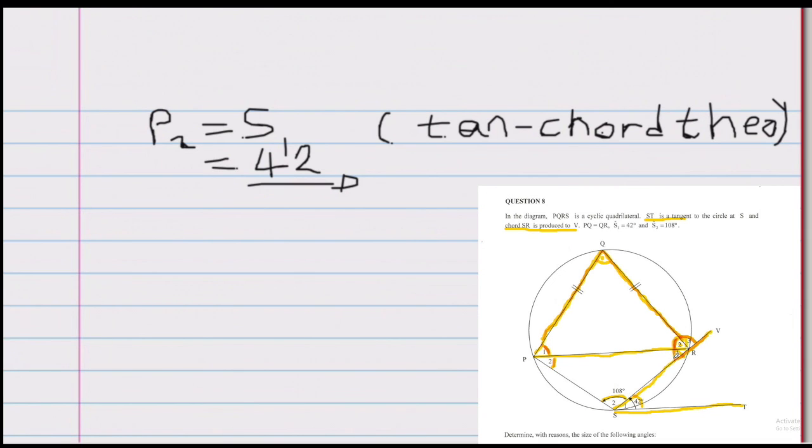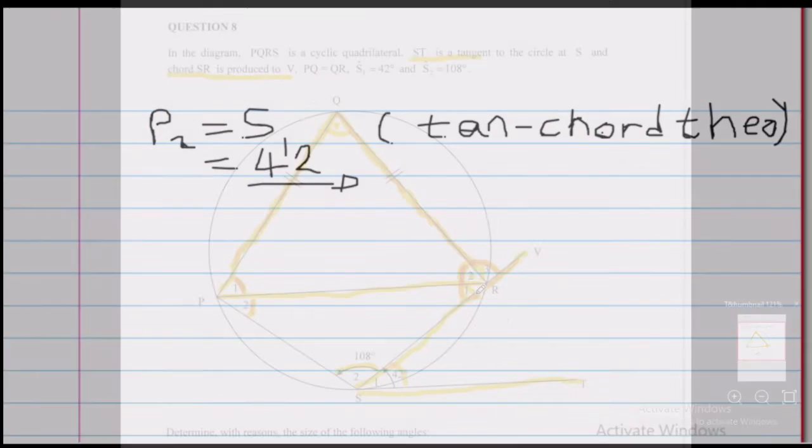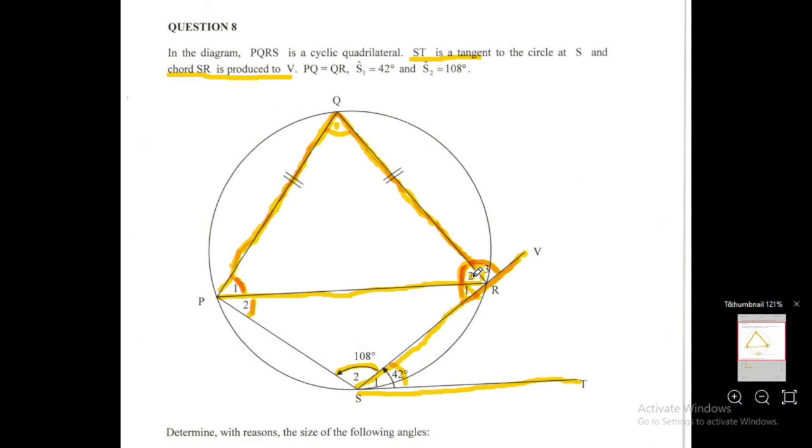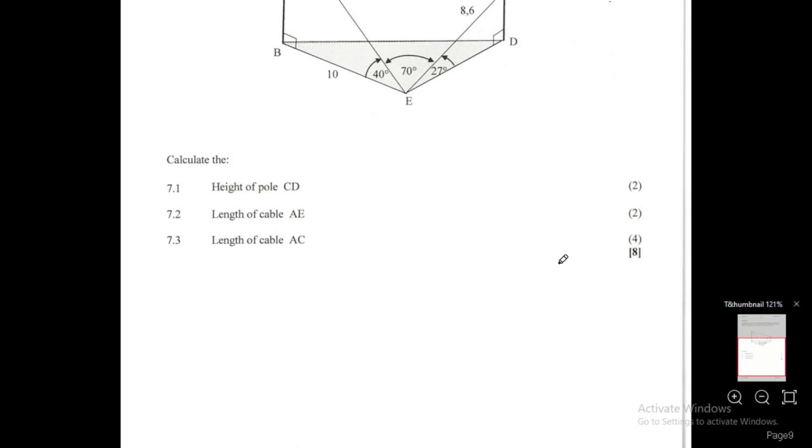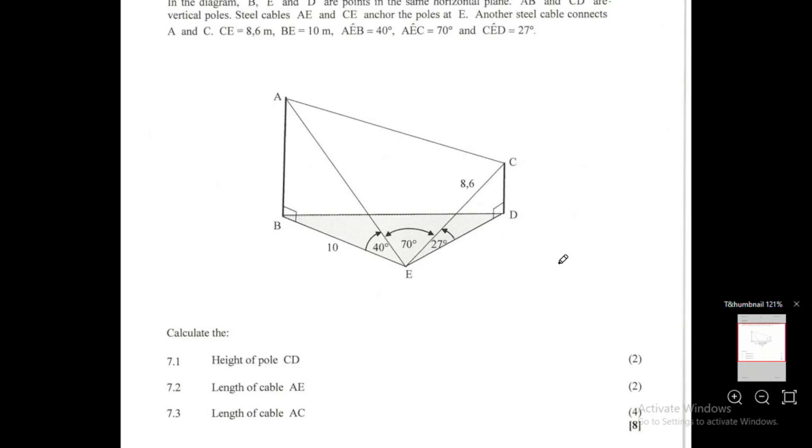Now before we solve our problem, we know the size of R2. We know the size of R3. But then we don't know the size of R1.